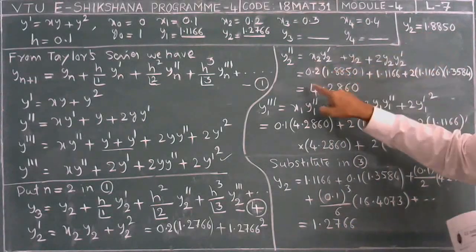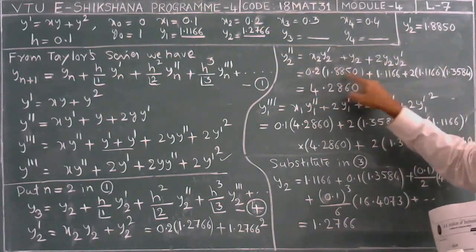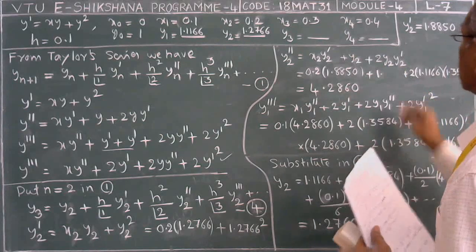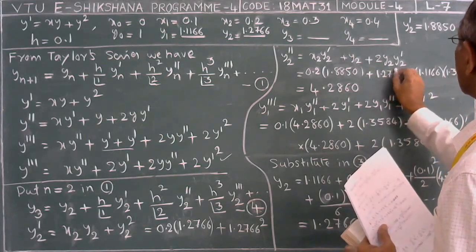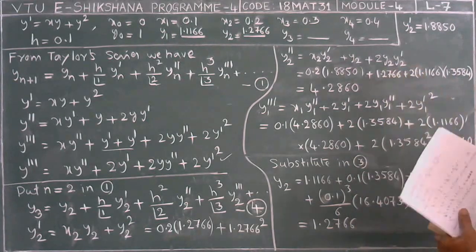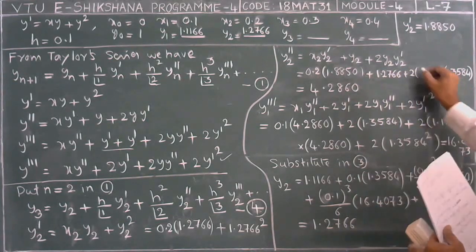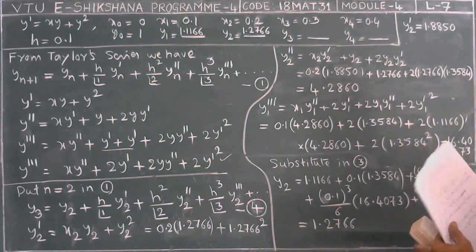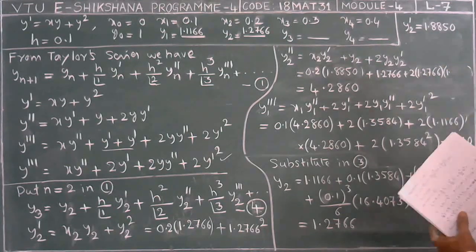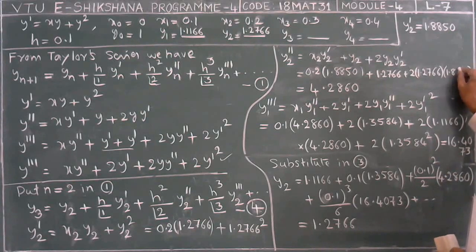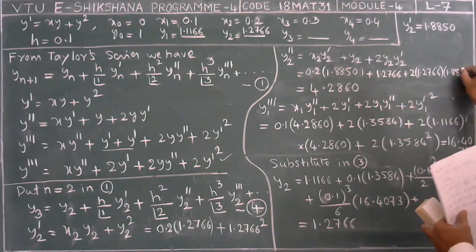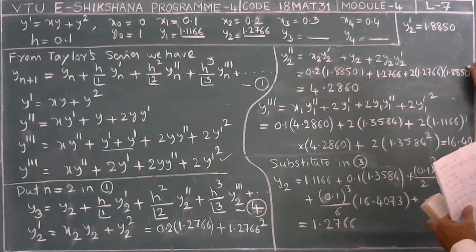Look at here. x2 is 0.2, y2 dash is 1.8850 plus y2 is 1.2766 plus 2 into y2, 1.2766, into y2 dash, 1.8850, close.